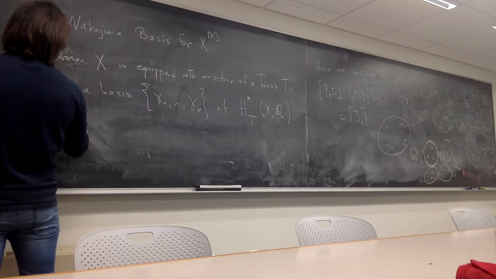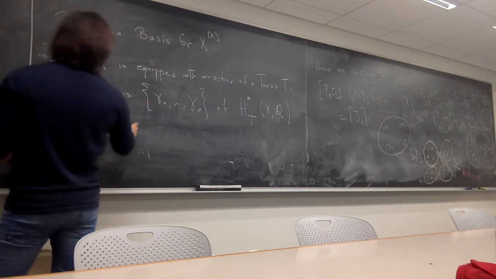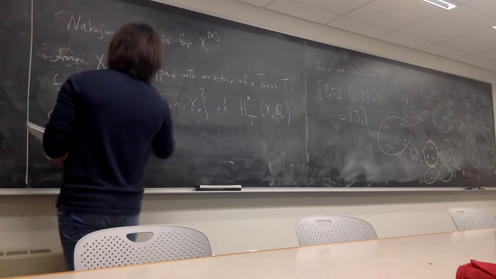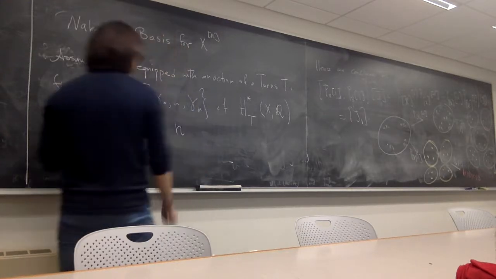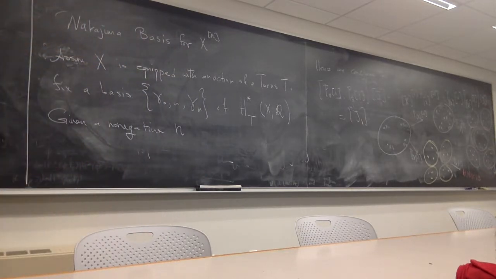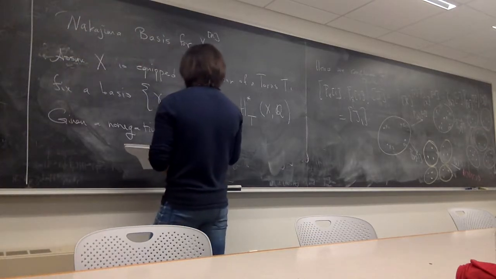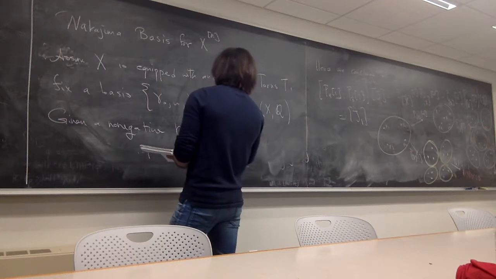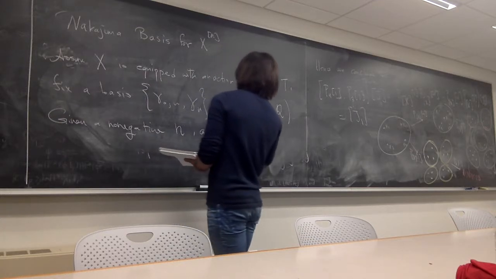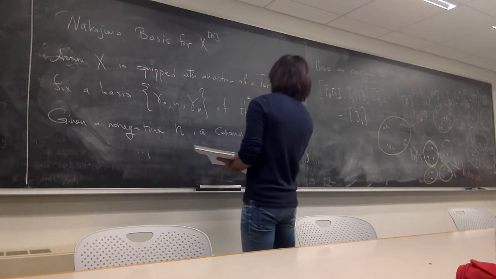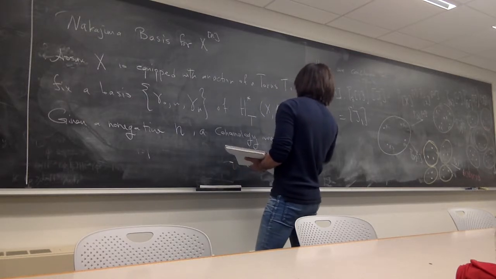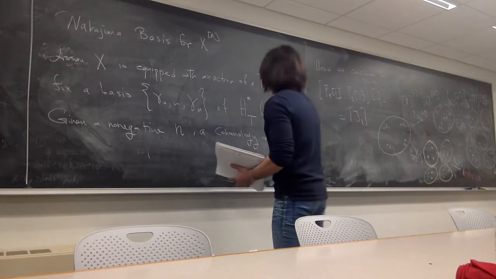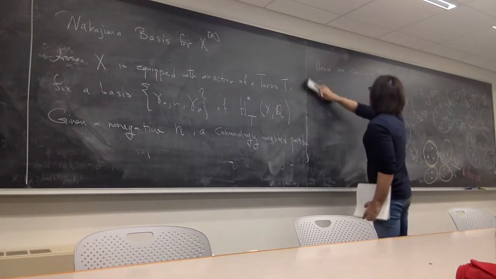Given a non-negative integer n, a cohomology weighted partition of n is as follows.